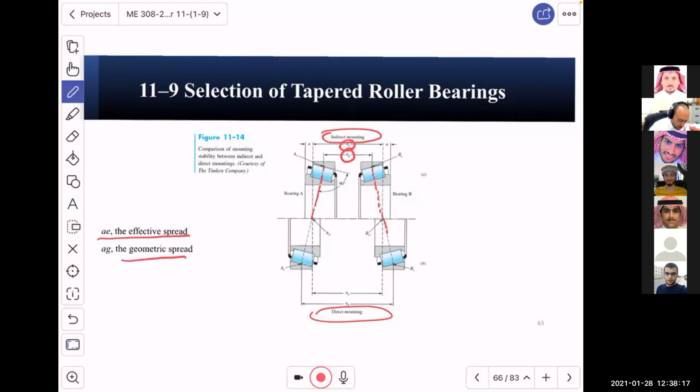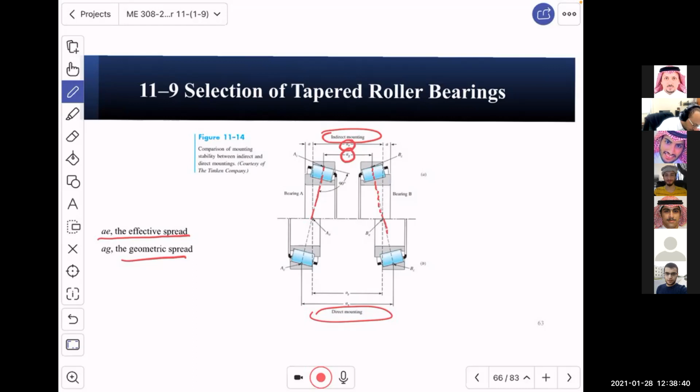What does that mean? It means that from a geometrical point of view, these two bearings have some sort of a centroid, and from centroid to centroid, I measure how far they are. But the effective spread is what is important. Why?